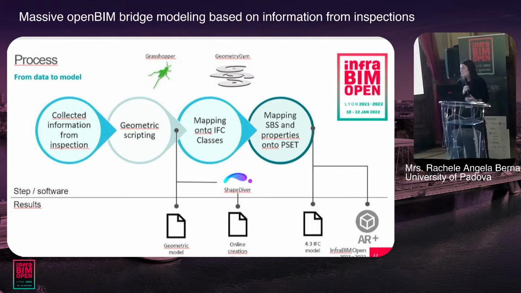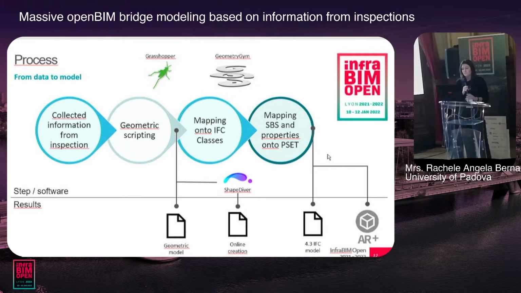Then we have the mapping of the IFC into the ISC classes using Geometry Gym. And then this model is uploaded into an online platform, in order to have the online creation and modification itself.